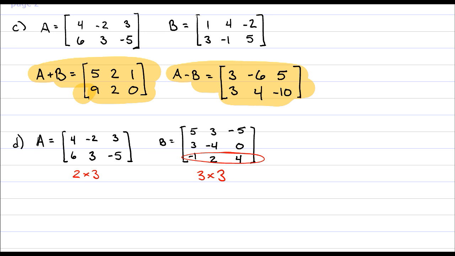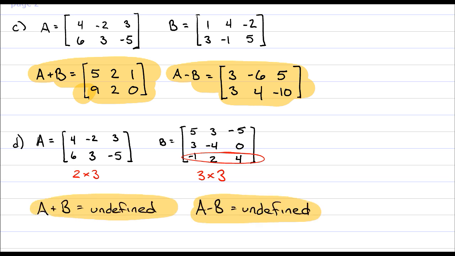So we cannot perform this calculation. In that case, we just say that A plus B is undefined, and in a similar way, A minus B is undefined. Okay. So that's it for example 1.